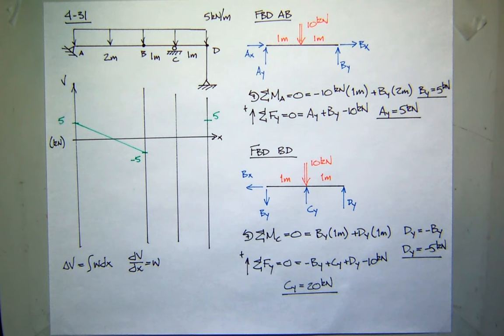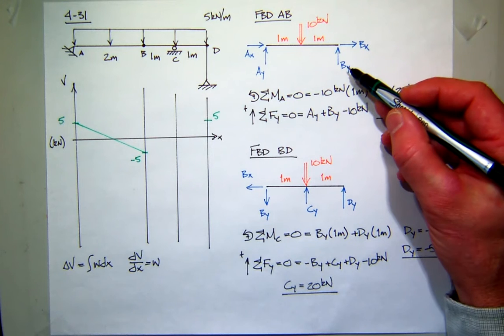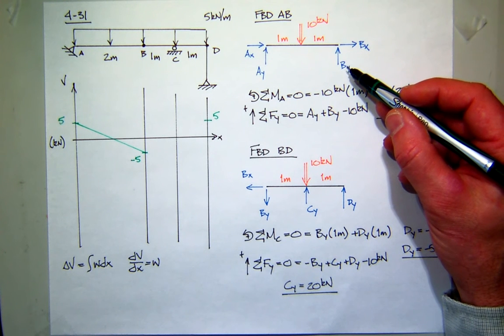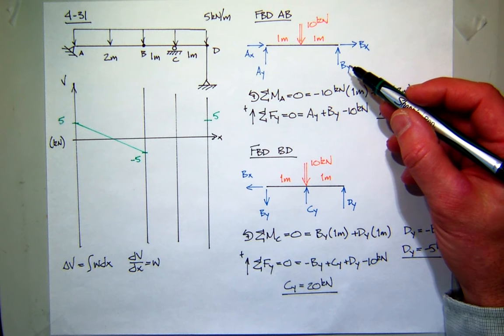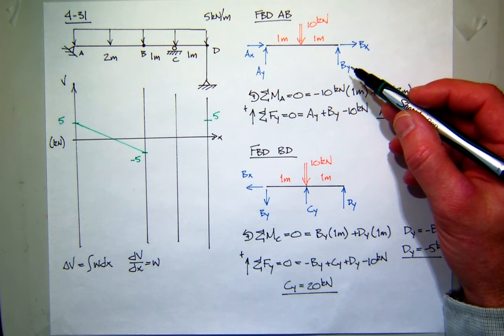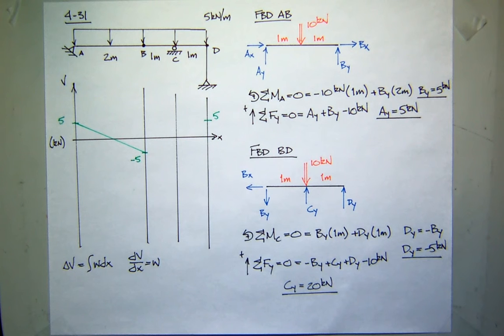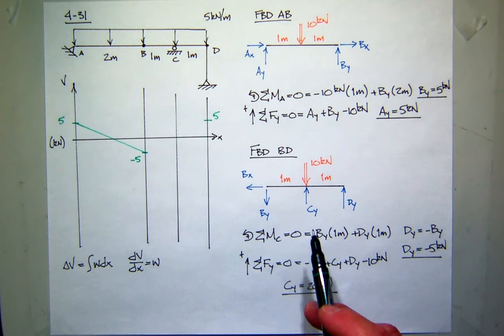Now, what happens when I get to the end here where By is? Why is it negative something on By? By is positive. Okay, now say that again. Which free body are you talking about?